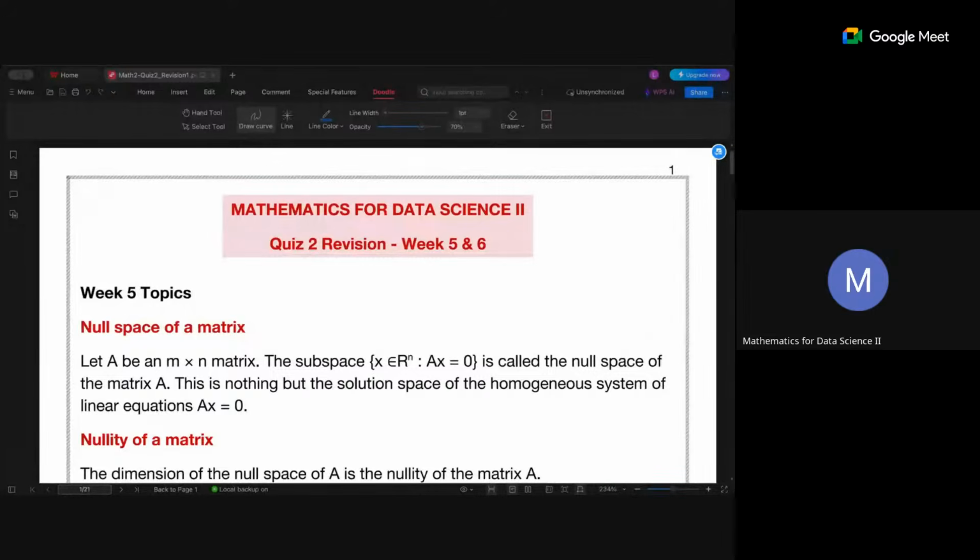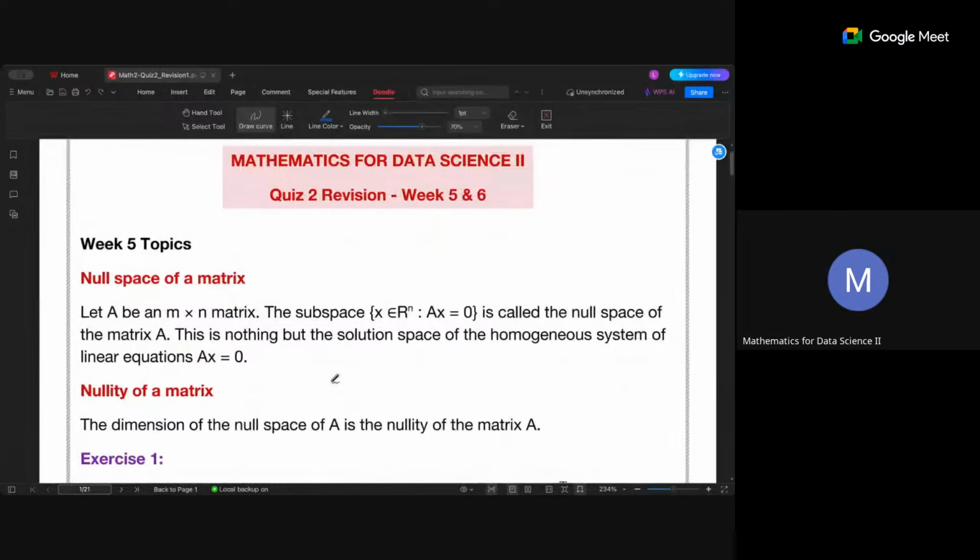Week 5, now we are looking at null space of a matrix. So quickly, before looking at what's the null space of a matrix, suppose you have an m by n matrix, and I am talking about the range of A or the corresponding transformation T. Should I look at the rows or columns of A?